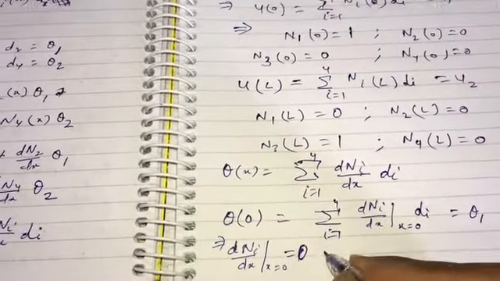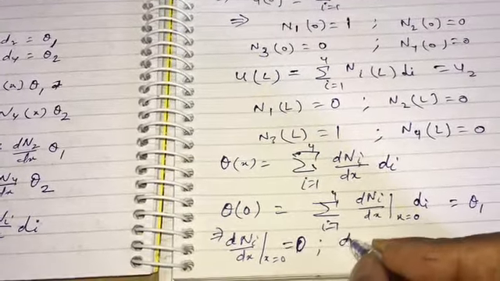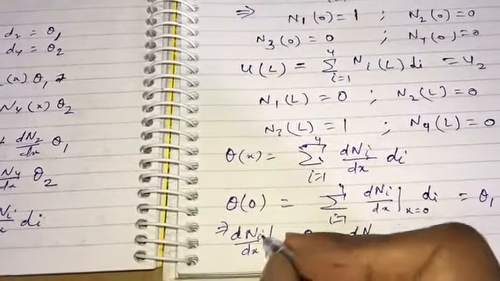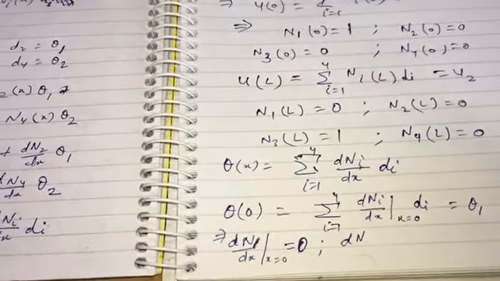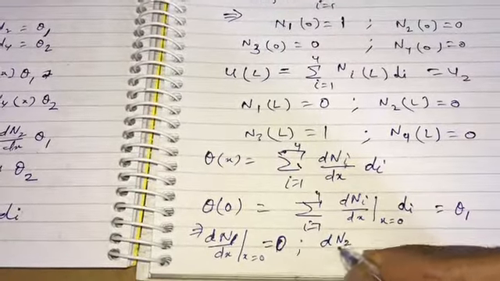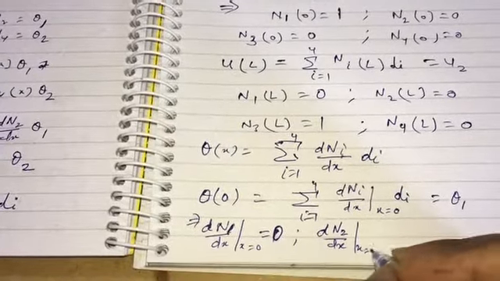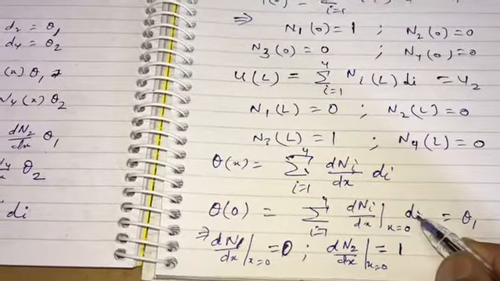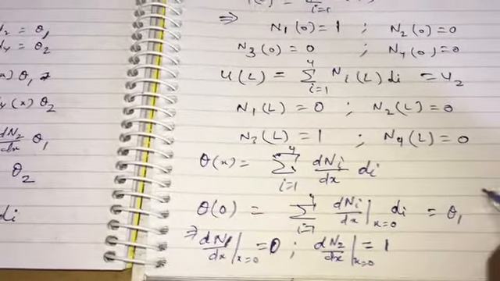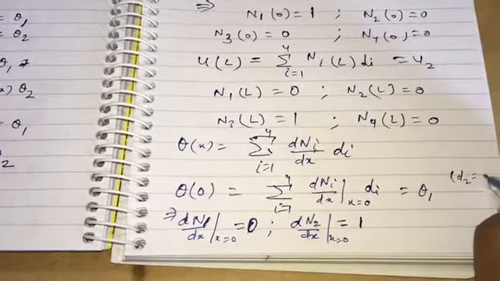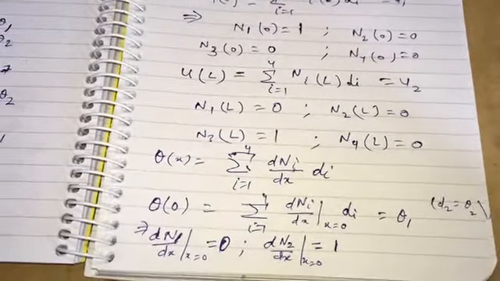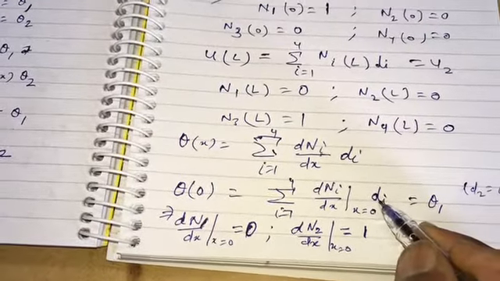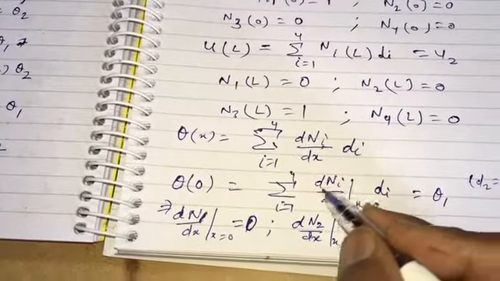And dN2 over dx at x equal to 0 should give equal to 1, because d2 equal to theta 2, and d2 is being multiplied by N2 here, dN2 over dx.